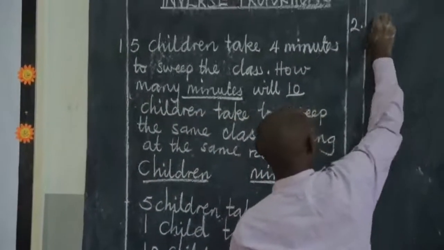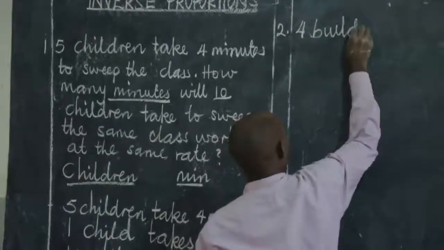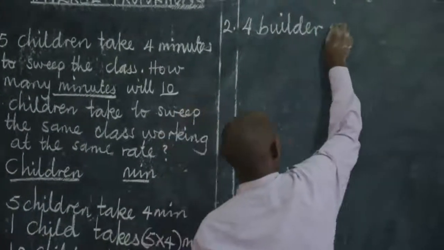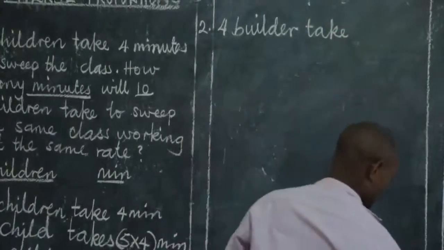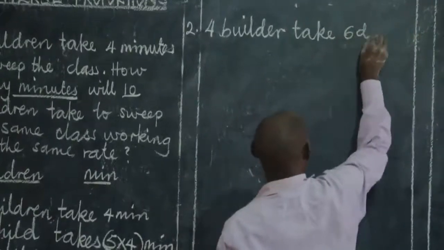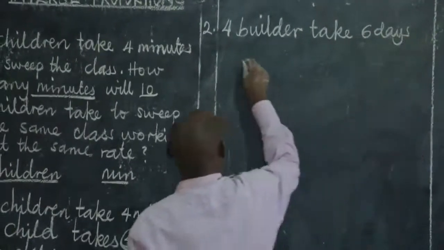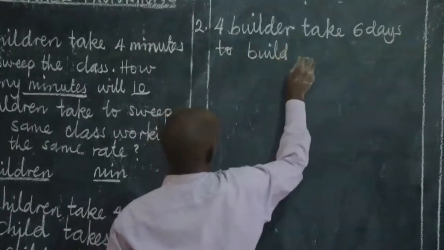4 builders take 6 days to build a house.